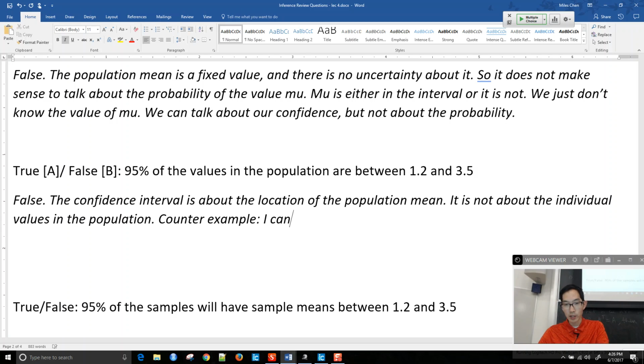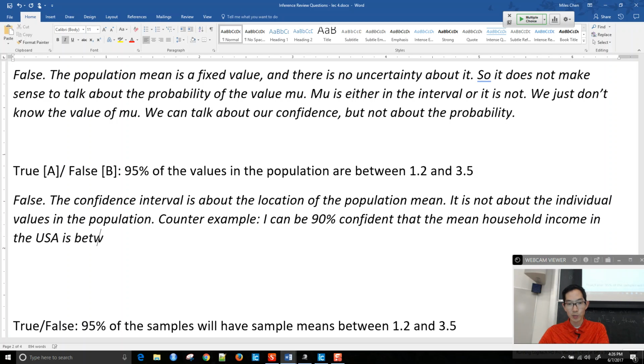I can be 95% confident that the mean household income in the USA is between, say, 52,000 and 67,000, something around there.